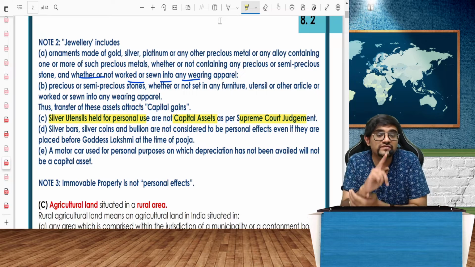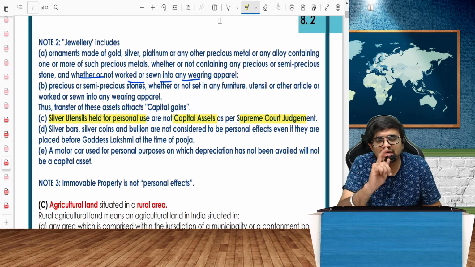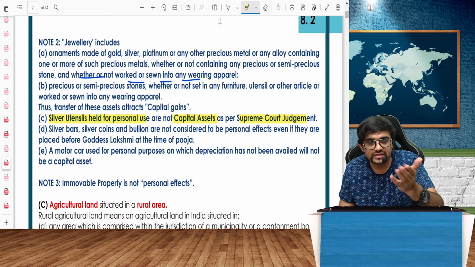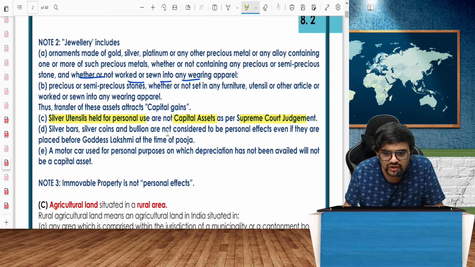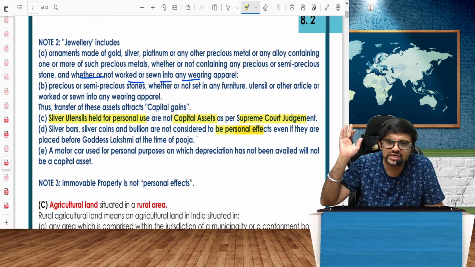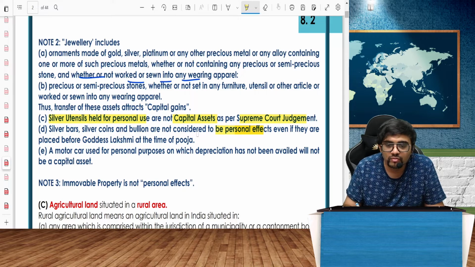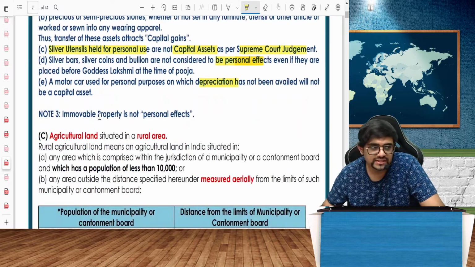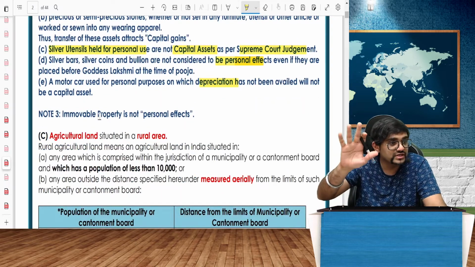Then when the income tax officer came and told him, hey Mr. Maharaja, this is actually a capital asset, he said, go away. It went to court, and the court said silver bars, silver coins, bullion, etc. are not considered personal effects. Maharaja, it is a capital asset because it has come from generations together. That's how it is. A motor car used for personal purposes, even though you have claimed depreciation, is definitely not a capital asset. So you need to know in the exam, you should see what they are asking.